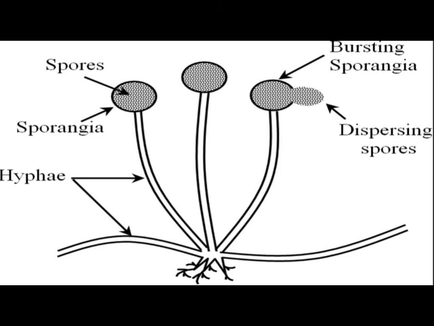The spores are covered by thick walls that protect them until they come into contact with another moist surface and can begin to grow.